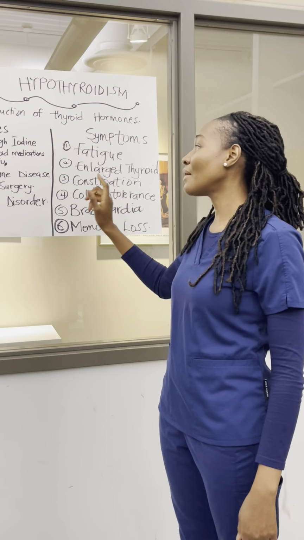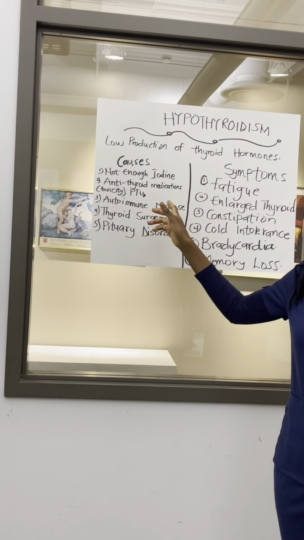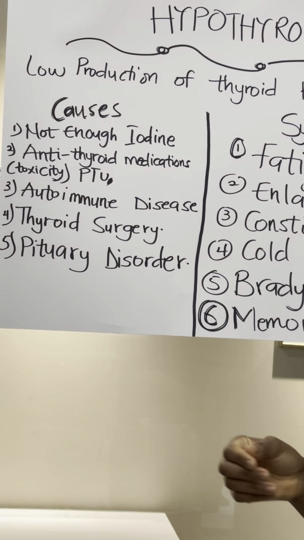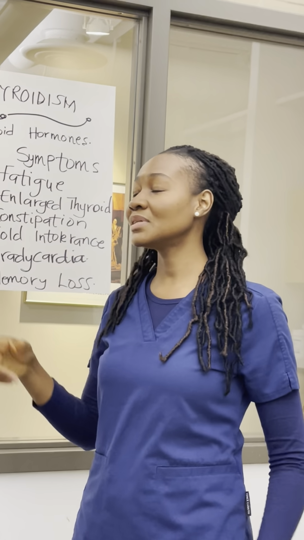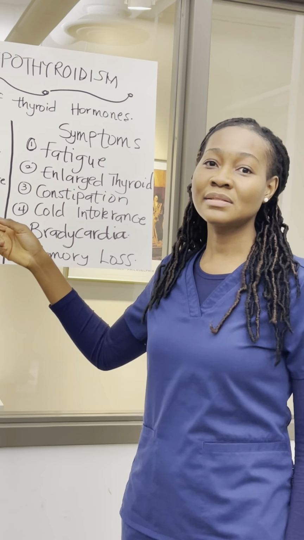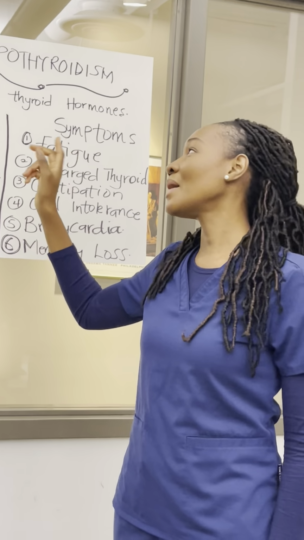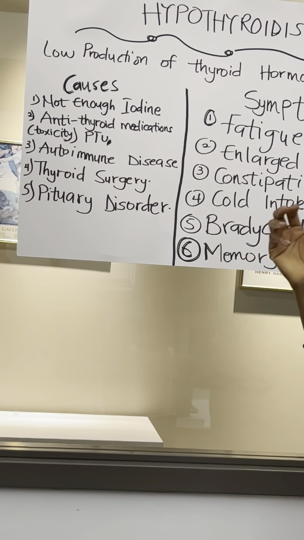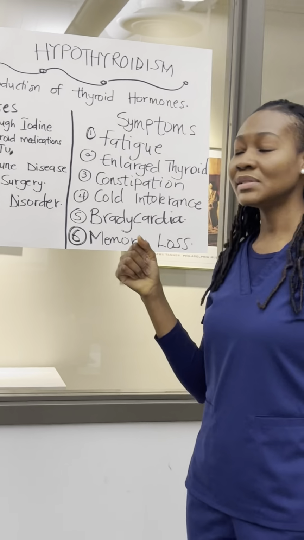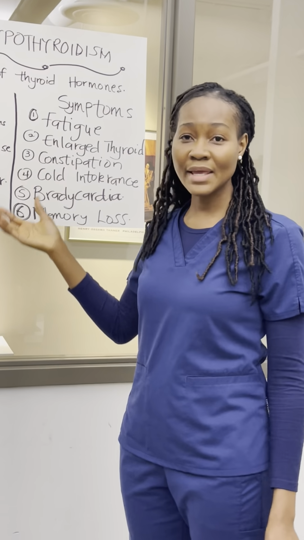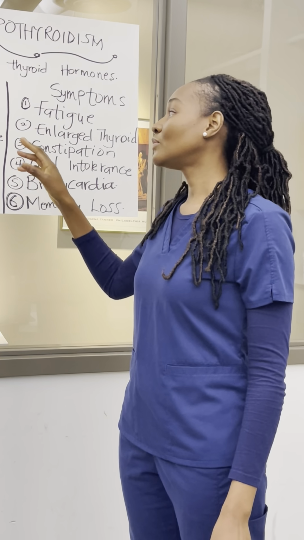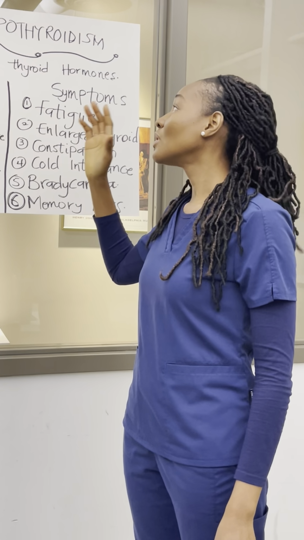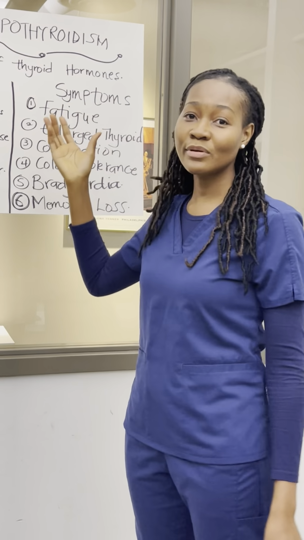But first, we have to know what causes hypothyroidism. One cause is not enough iodine. A person taking a diet which is low in iodine is prone to hypothyroidism. Another is anti-thyroid medication. Someone taking anti-thyroid medication can have a toxicity which will cause low production of the thyroid hormone.